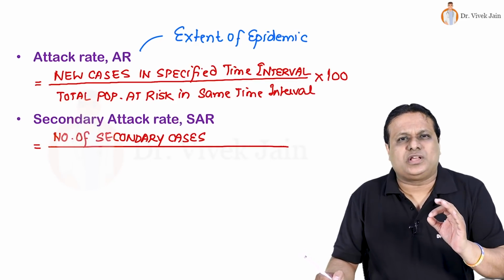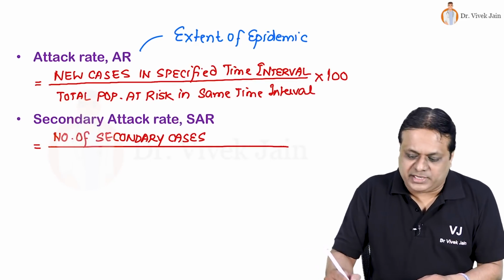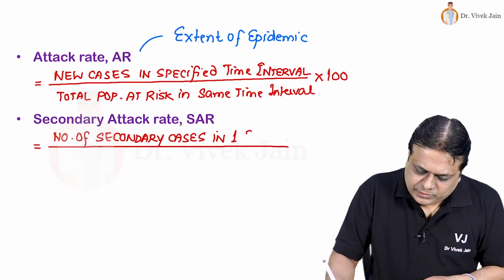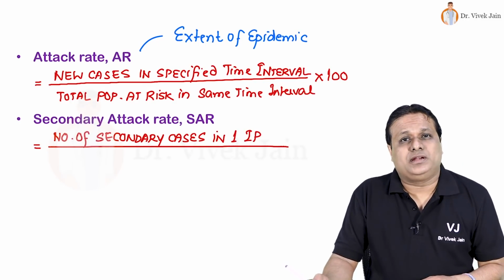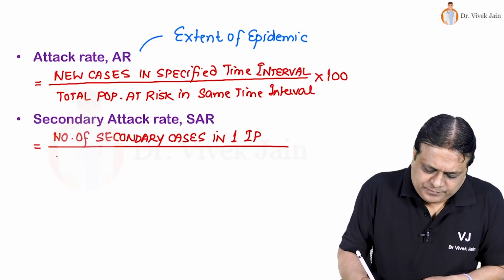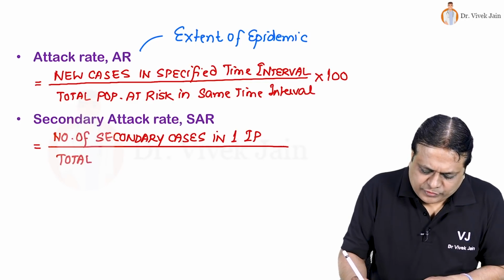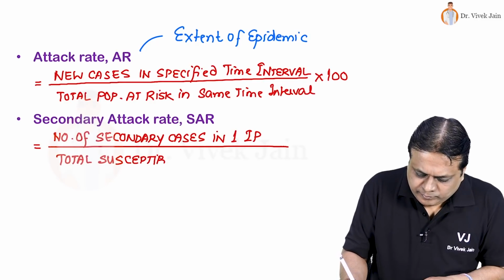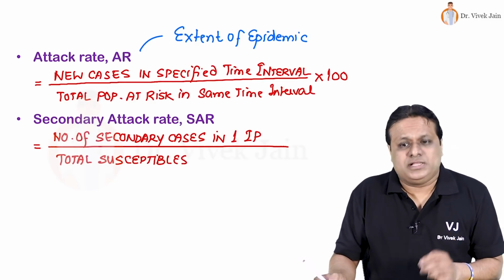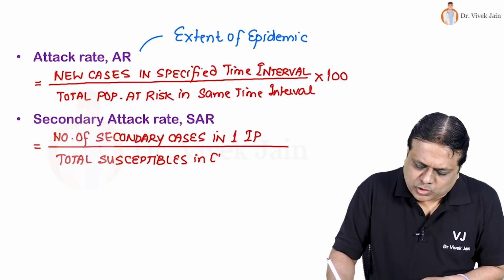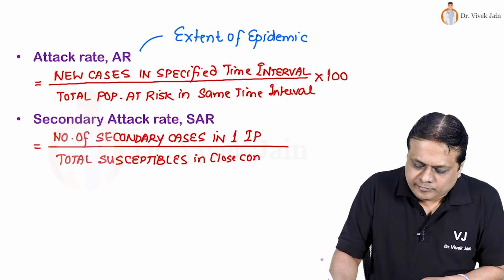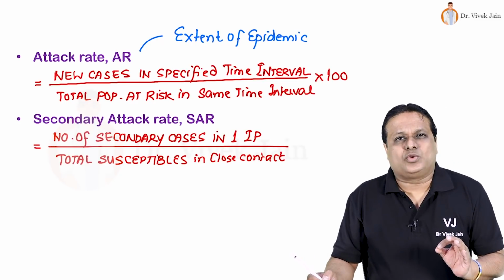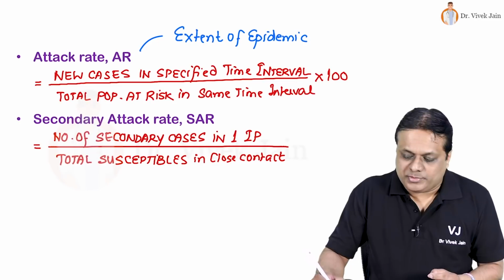Secondary cases means those who develop after and from the primary case, and these are those who develop within one incubation period. And denominator is the total number of susceptibles who are in close contact. Please remember, primary case is excluded both from numerator as well as denominator.